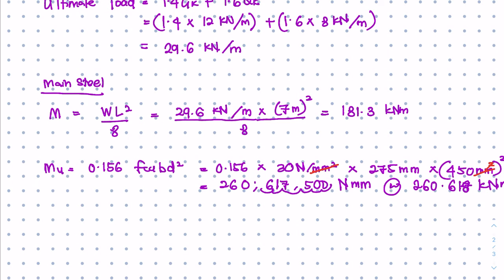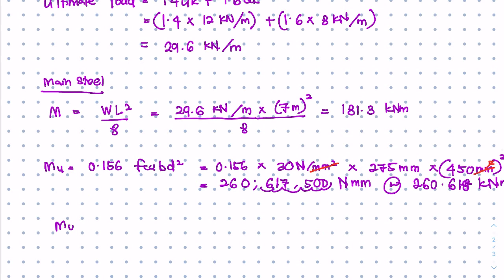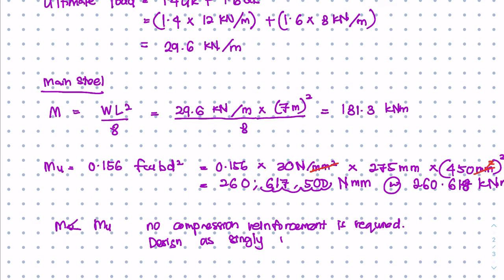So from this value, you see that M is actually less than MU, because 181.3 is less than 260.618, which means that no compression reinforcement is required. Then you can just design as a singly reinforced concrete beam.